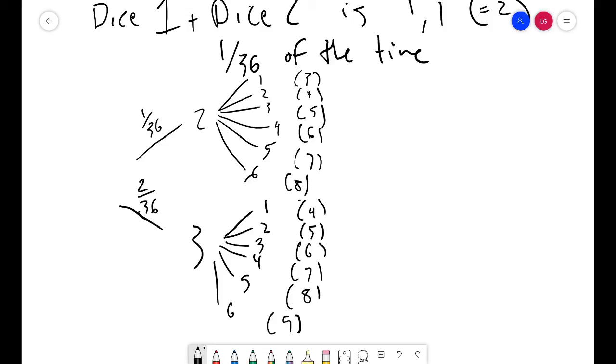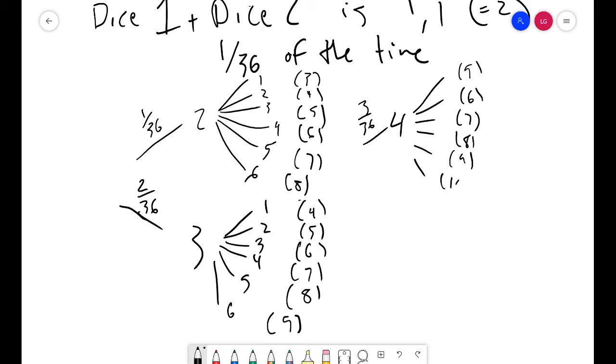We know what the potential outcomes of the 2 dice are. So we can start to think about here what our potential outcomes are for 3 dice.